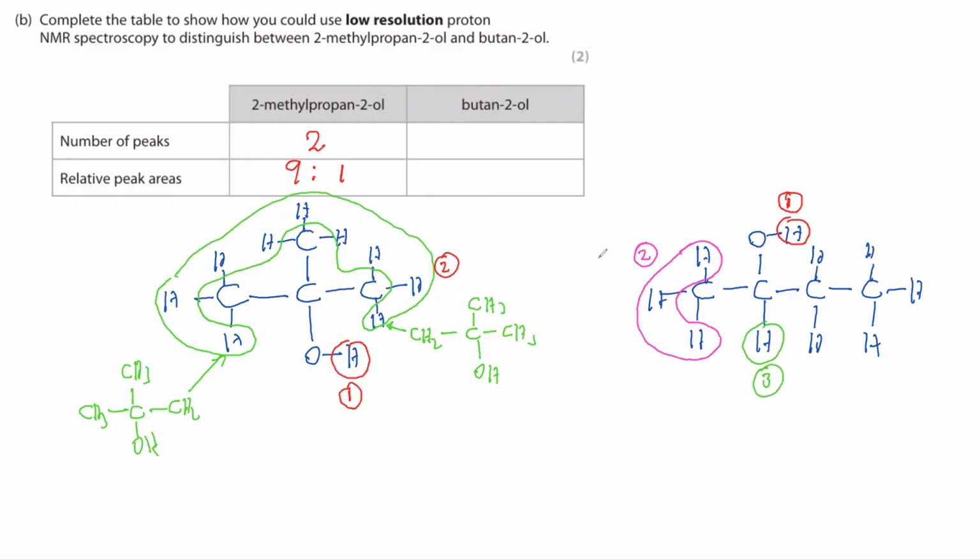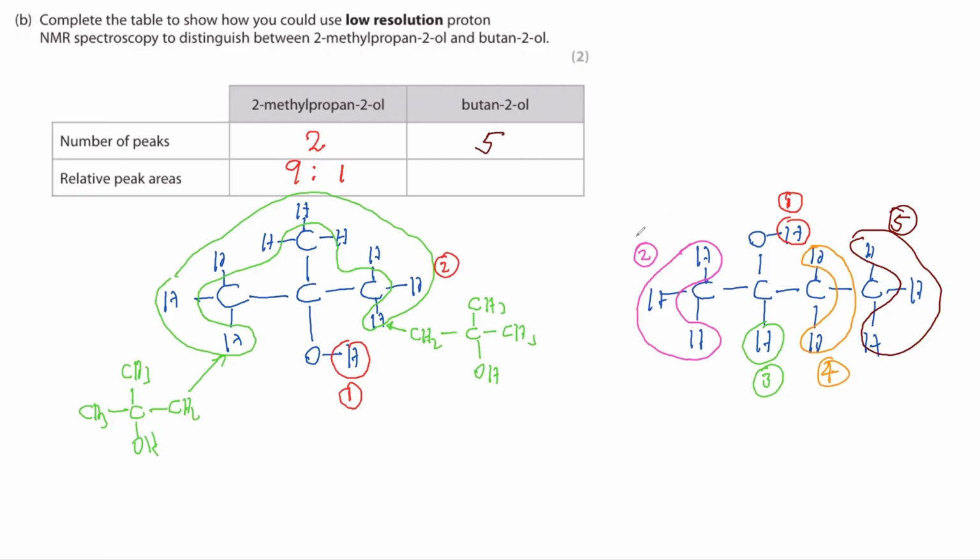Okay. And this is the fourth environment. These 2 hydrogens are in a different environment. And this is the fifth environment. So we have 5 environments there. So number of peaks is 5.